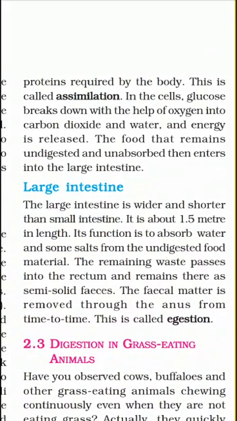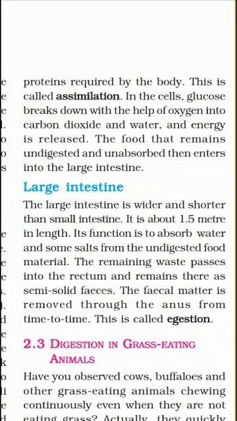The remaining waste passes into the rectum and remains there as semi-solid feces. The fecal matter is removed through the anus from time to time. This is called egestion. So this is the last step of the process of digestion.